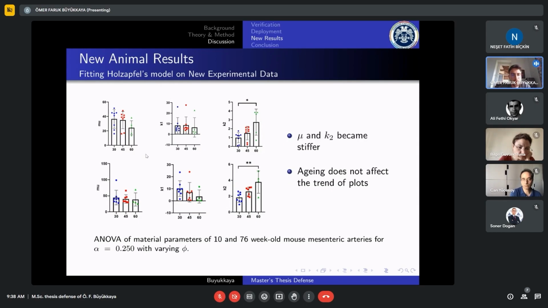And it is seen that K1 does not seem very responsive to aging. However, a significant stiffening behavior with aging is seen for the parameters mu and K2. And it is seen that aging does not affect the trend of plots, meaning if K2, for example, increases for higher fiber angles, it also increases for the elder individuals.